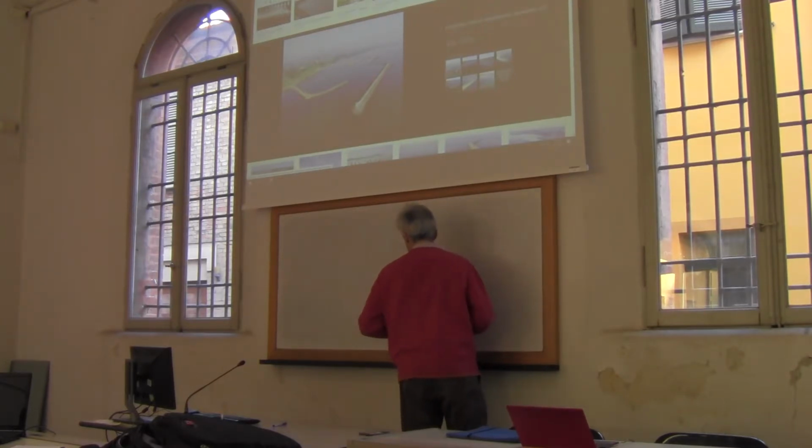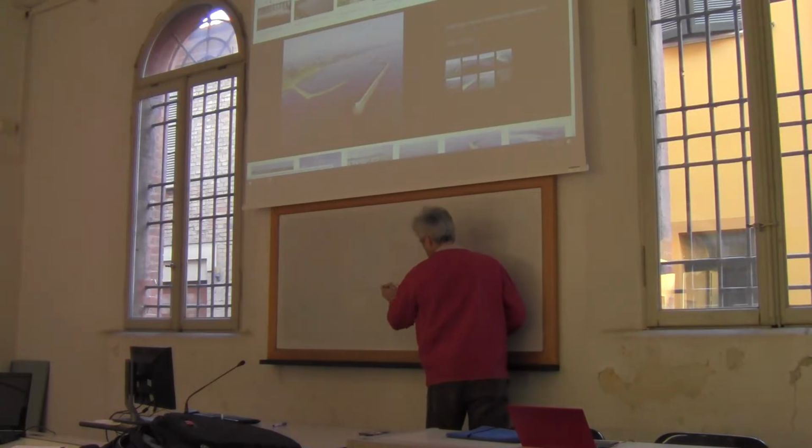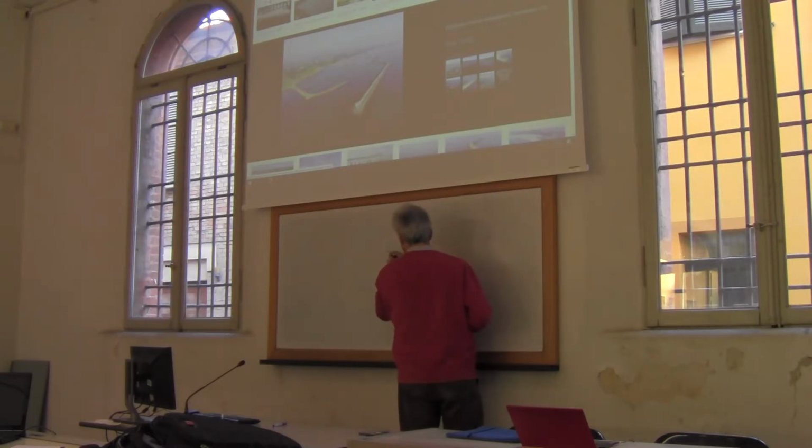Let's suppose that you have a wave that is traveling along this direction, and then the wave meets a structure like this one, like a breakwater. This is the breakwater.